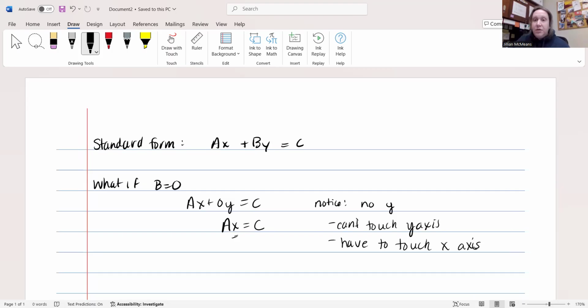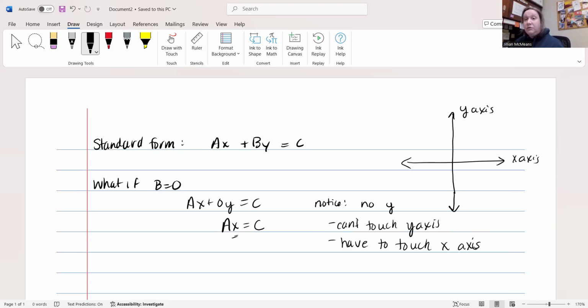So if we think about this with the Cartesian plane, I've got my Cartesian plane here. I've got my x-axis. I've got my y-axis. I'm telling you, without a y, we can't cross the y-axis. With an x, we have to cross the x-axis. So what does that mean for us? We have to somehow cross the x-axis, but never cross the y-axis. And two lines never intersect, which is what we want to happen. We never want to intersect the y-axis.